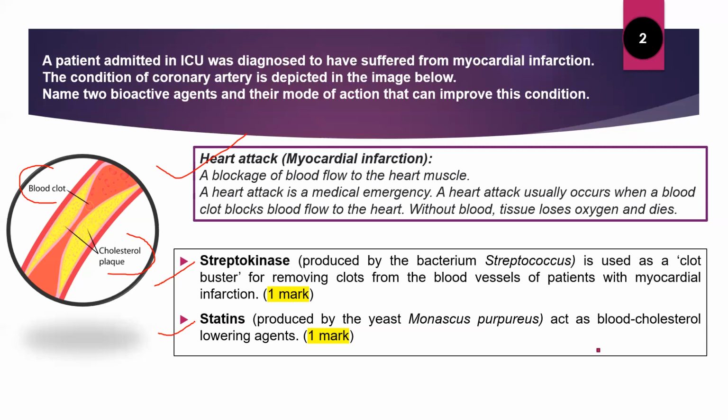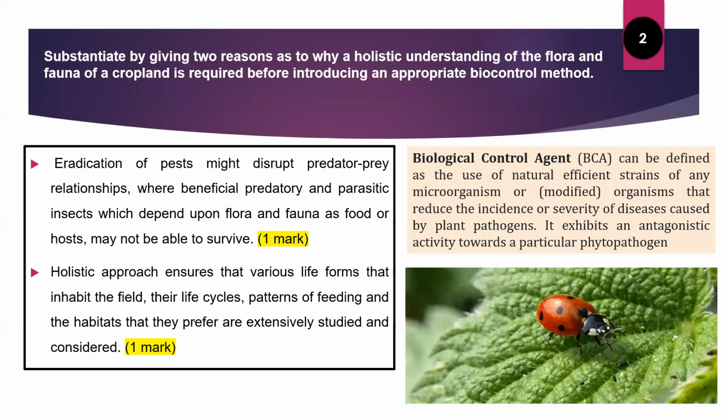Then, substantiate by giving two reasons as to why a holistic understanding of the flora and fauna of a crop plant is required before introducing an appropriate biocontrol method. So basically, what this question asks: you might be well aware of the fact that a lot of different pathogens, different pests, different diseases cause huge loss to agricultural crops.